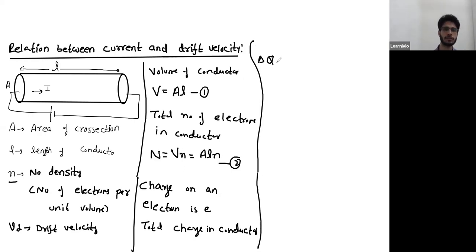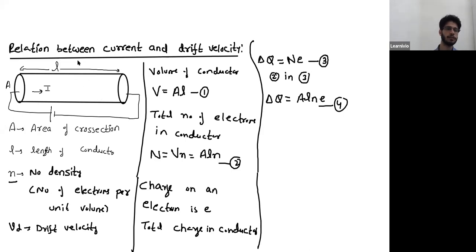What is the total charge? Total is Ne. Okay. I can substitute the value of N from 2 in 3. If I substitute 2 in 3, it comes out to be delta Q is ALne. That's equation number 4.